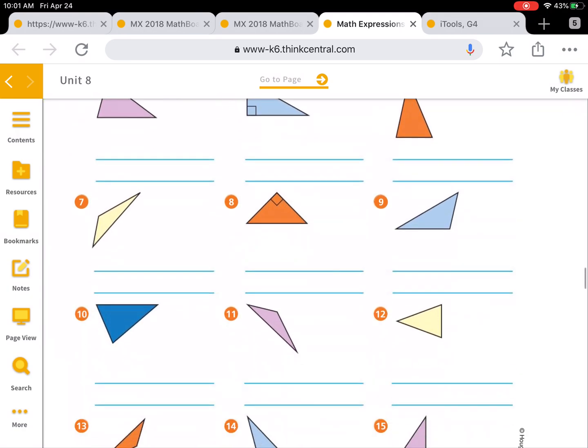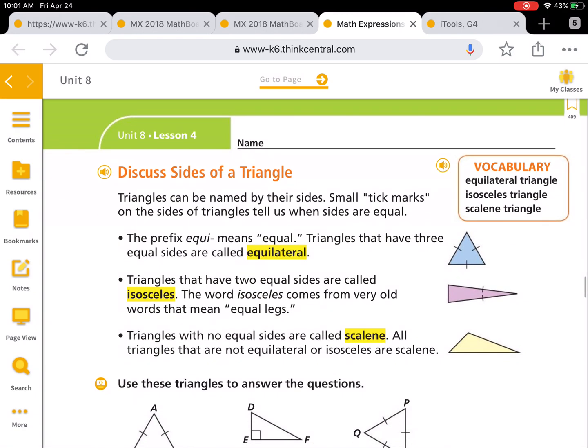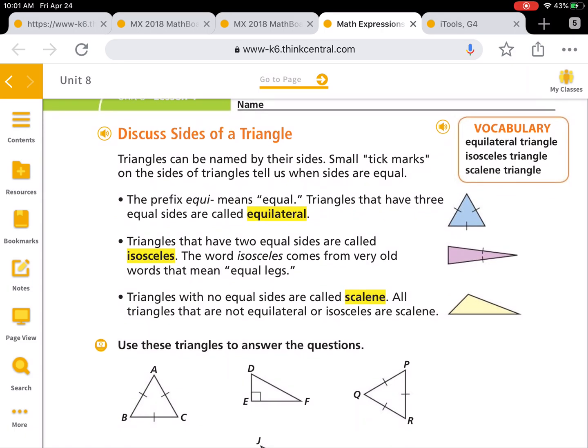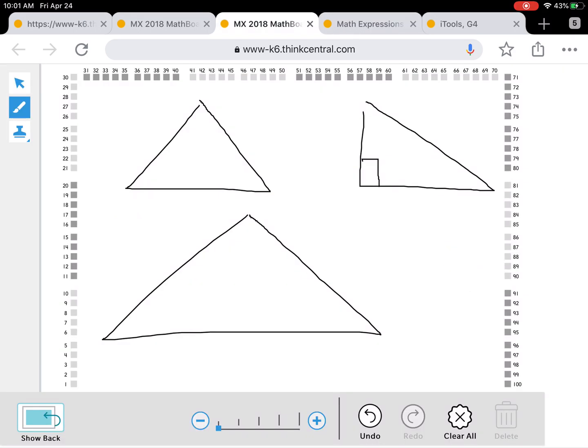Okay, now we're going to be asked to classify triangles by their sides. If I take a look at these triangles, you're going to get a little symbol in the sides to signify if they're all the same size.